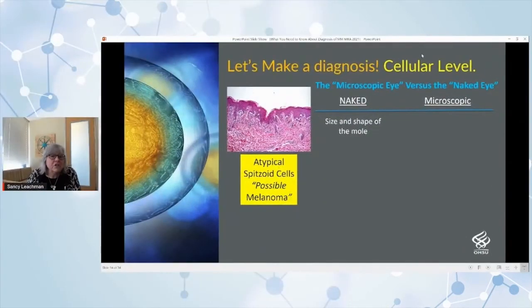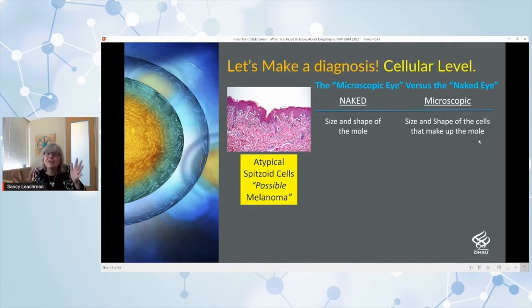So, for example, let's compare some of those things. The size and the shape of the mole is what triggers a provider to say, this is an atypical mole. It may need to be biopsied. At the microscopic level, the pathologist says the size and the shape of the cells that make up the mole are a little atypical.